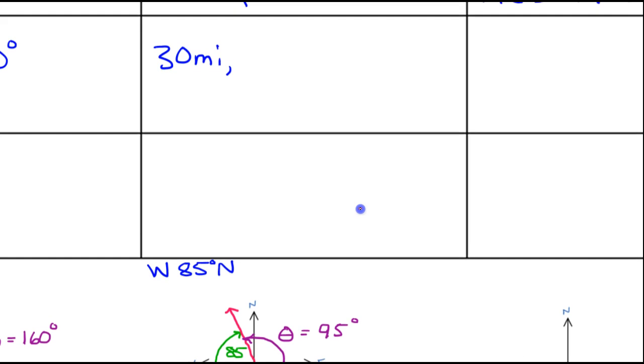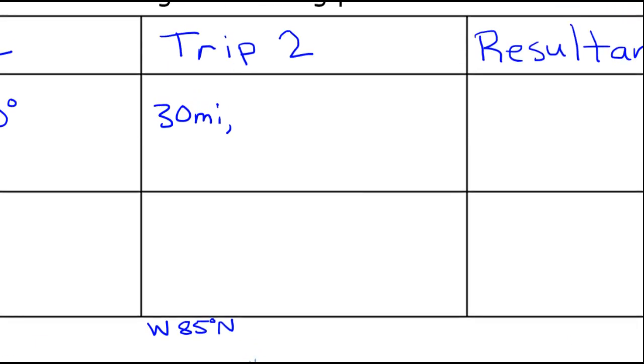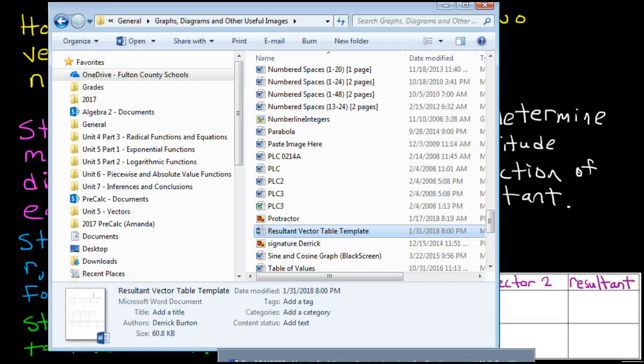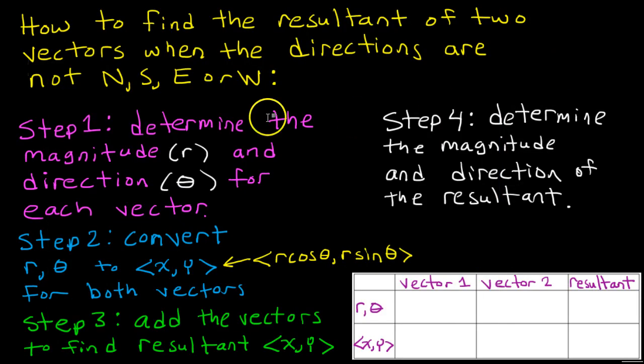So that's the angle that goes on the chart for trip 2. Now look, what I'm really doing is this four-step process. Step 1 was to determine the magnitude and direction for each vector. That's what we just did.